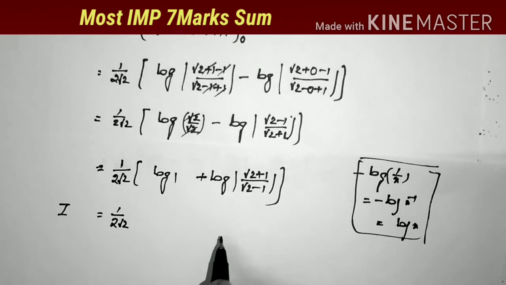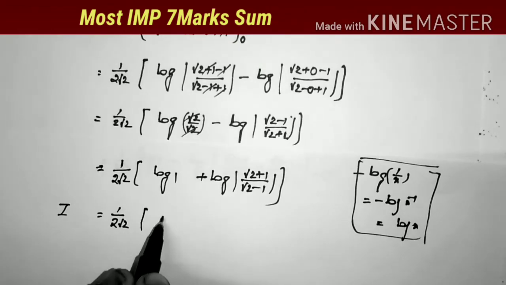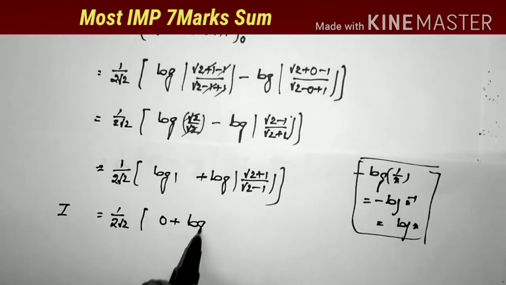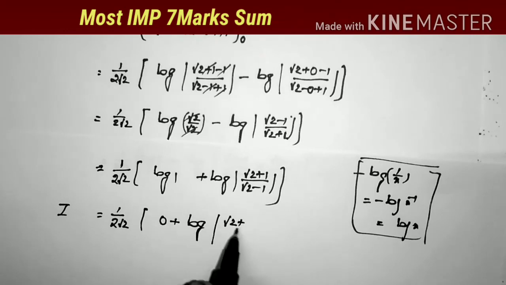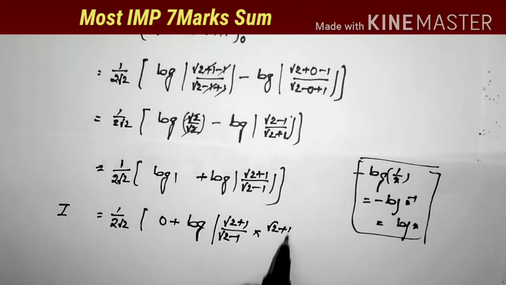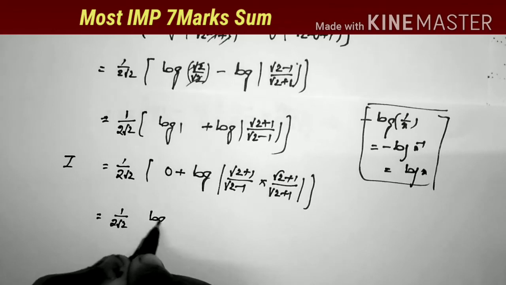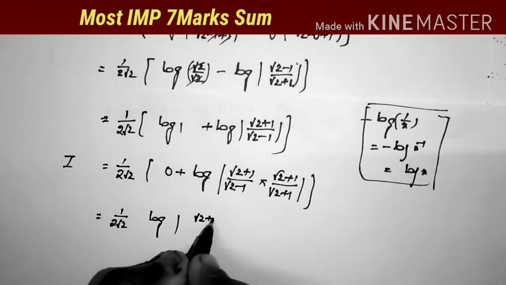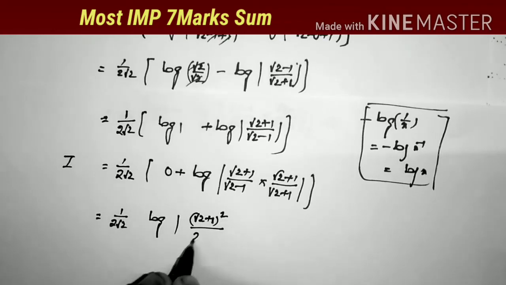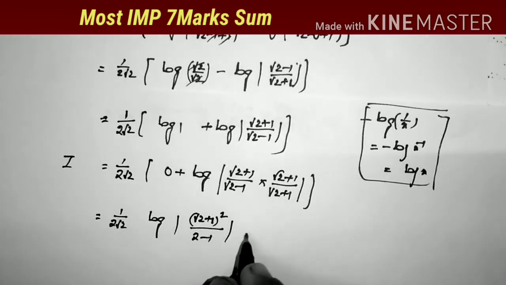And therefore the value of I is equal to 1 by 2 root 2 into 0 plus log of, taking the rationalization, (root 2 + 1) by (root 2 - 1) into (root 2 + 1) by (root 2 + 1). This is equal to 1 by 2 root 2 log of (root 2 + 1) into (root 2 + 1), (root 2 + 1) whole square by, this is (a + b) into (a - b), 2 minus 1.